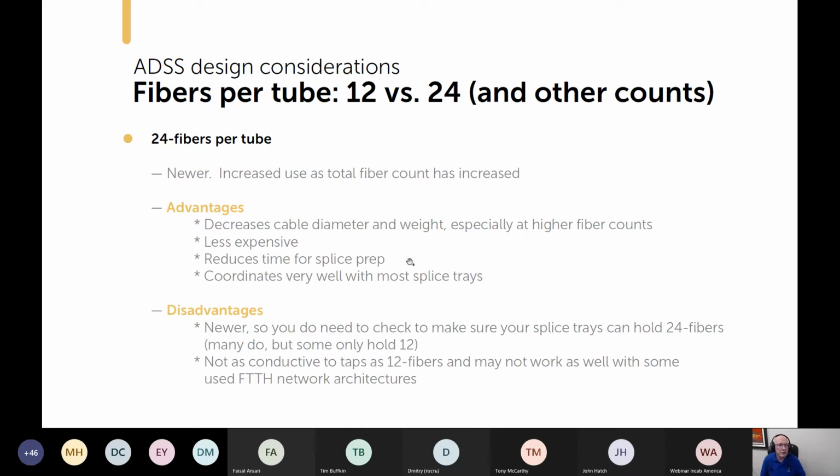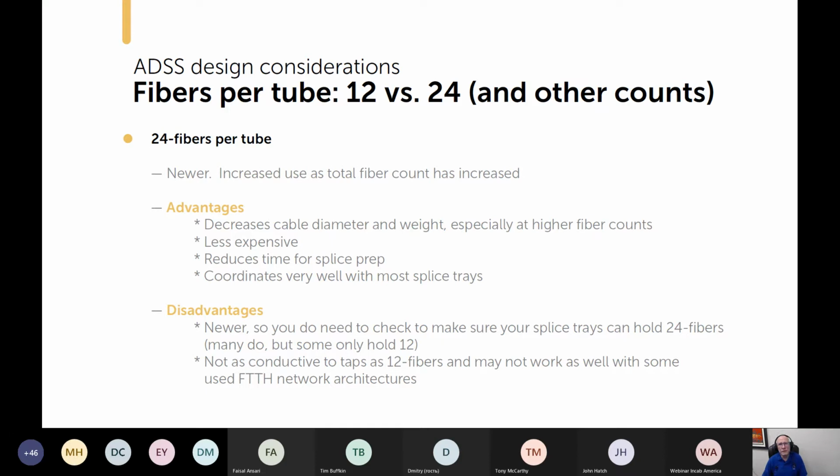24 fiber tubes is newer, but again, been around for a while. And you see its use more and more as fiber counts have gone up. It does decrease cable diameter and weight, especially at the higher fiber counts.